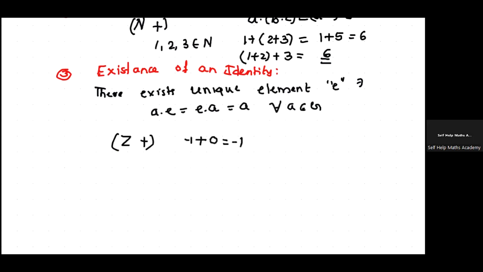Or if you take 0 and add -1 to it, it is -1. This is valid for each and every element in Z. This implies 0 acts as an identity element. Therefore, existence of an identity is also one of the important postulates which has to be satisfied by the group to form the group.